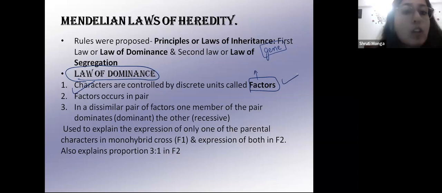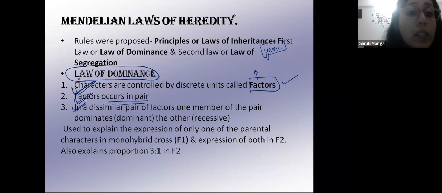He says that characters are controlled by discrete units called factors. We know whatever traits we have are controlled by genes only. So this is the first point of the law of dominance. The second point of the same law states that factors occur in pairs. We know that genes occur in pairs, right?